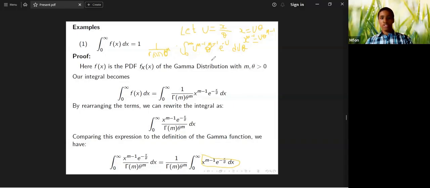So we're left with 1 over gamma m times the definite integral from 0 to infinity of u to the m minus 1 e to the negative u du.